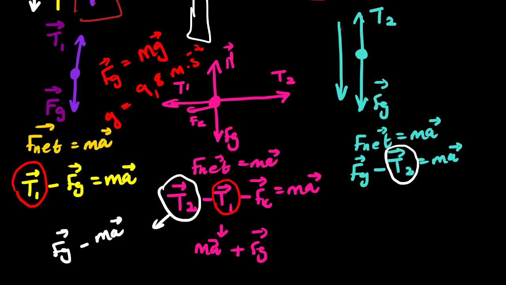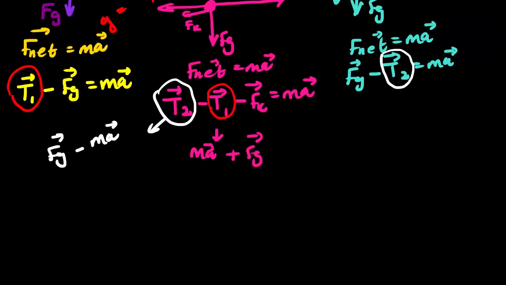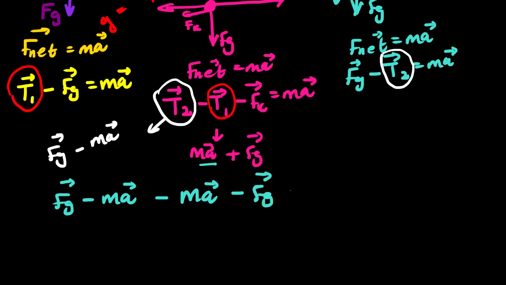And then looking at the overall equation after substituting, we have FG minus MA minus, where we see T1, we said we are going to substitute by this. So if we remove the brackets, we are going to have MA minus FG equals MA.